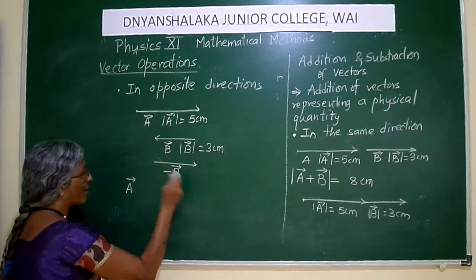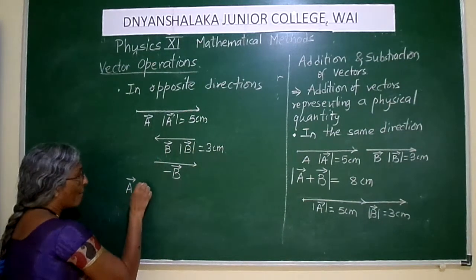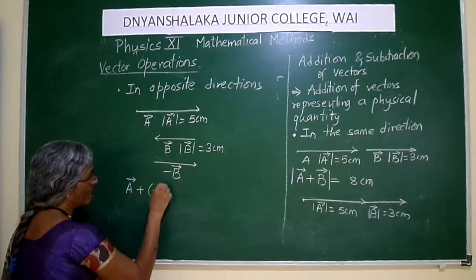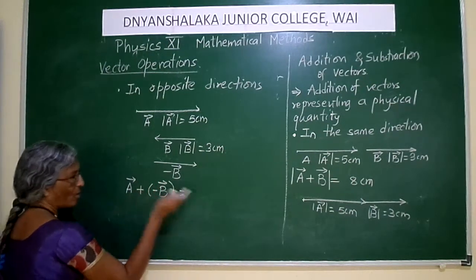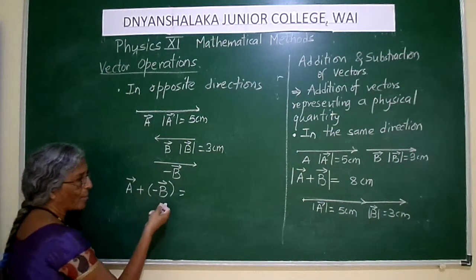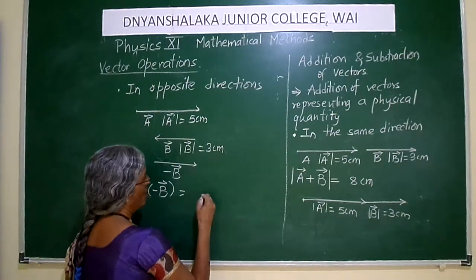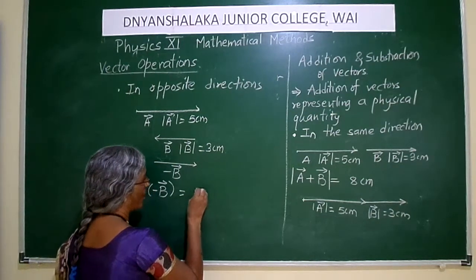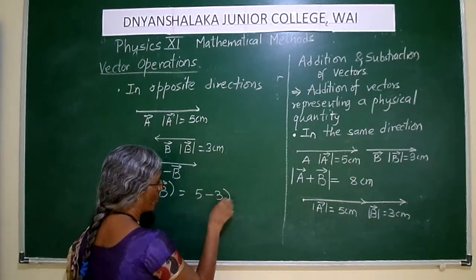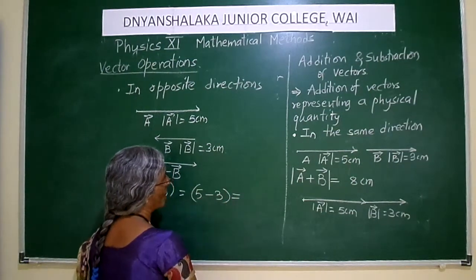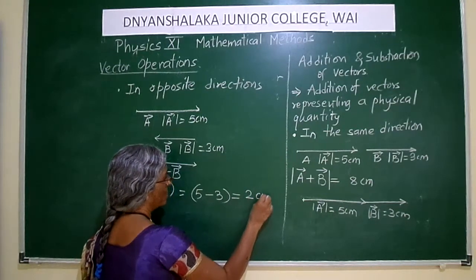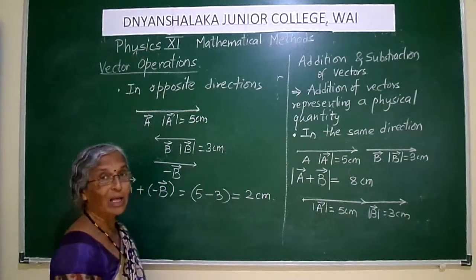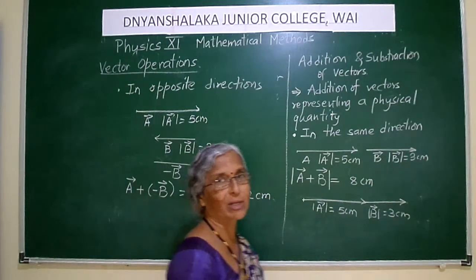So this becomes vector A plus minus vector B. That becomes vector A minus vector B, whose magnitude will be equal to 5 minus 3, and that is going to be how much? It will become 2 centimeters. कितना हो जाएगा? 2 centimeters.